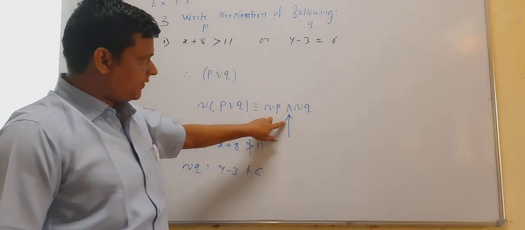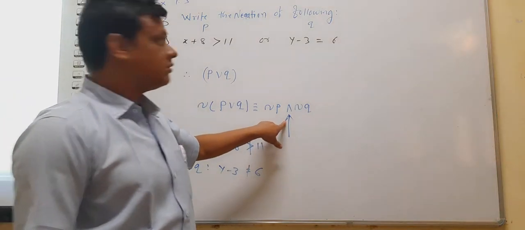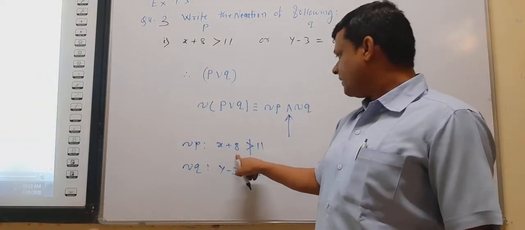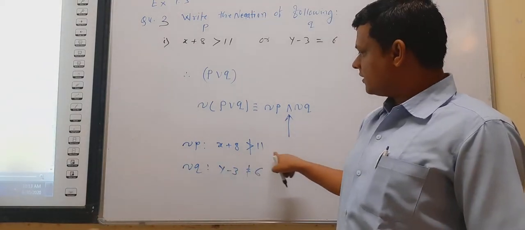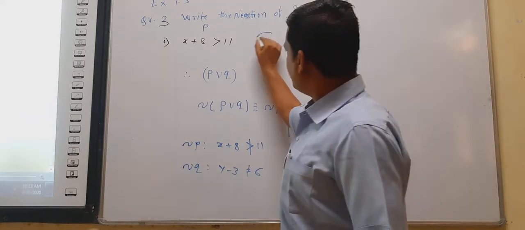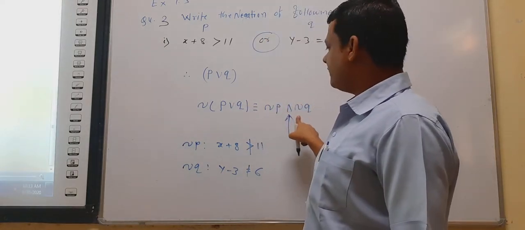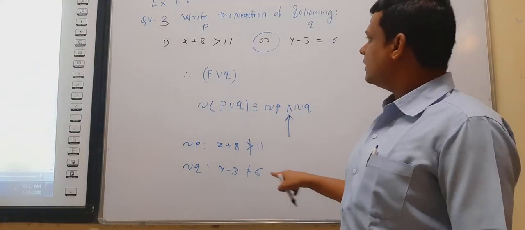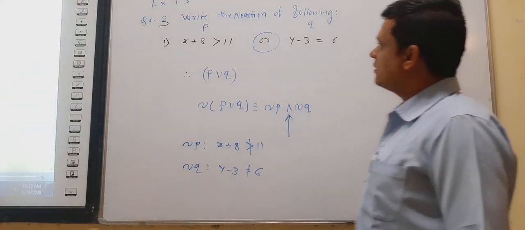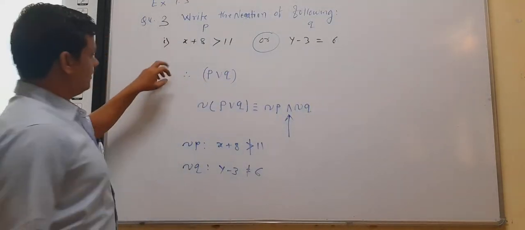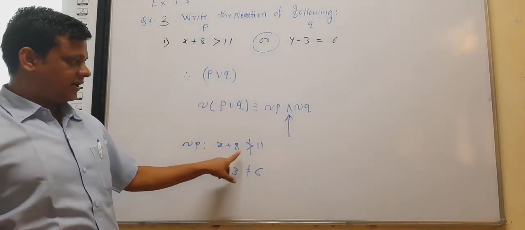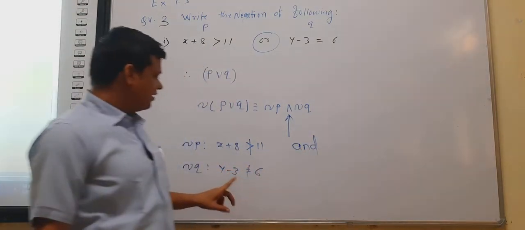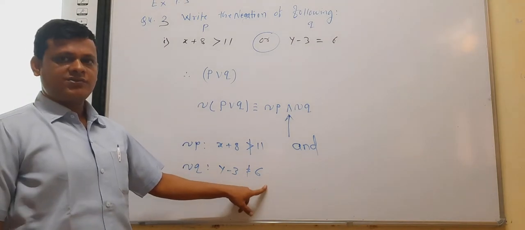And from this condition, we write the negation as x plus 8 not greater than 11 and y minus 3 not equal to 6. Therefore, the answer is x plus 8 not greater than 11 and y minus 3 not equal to 6.